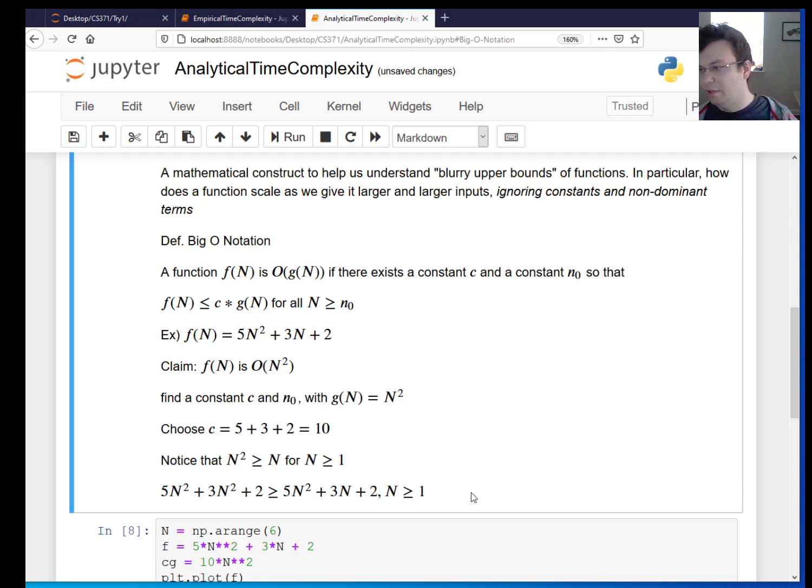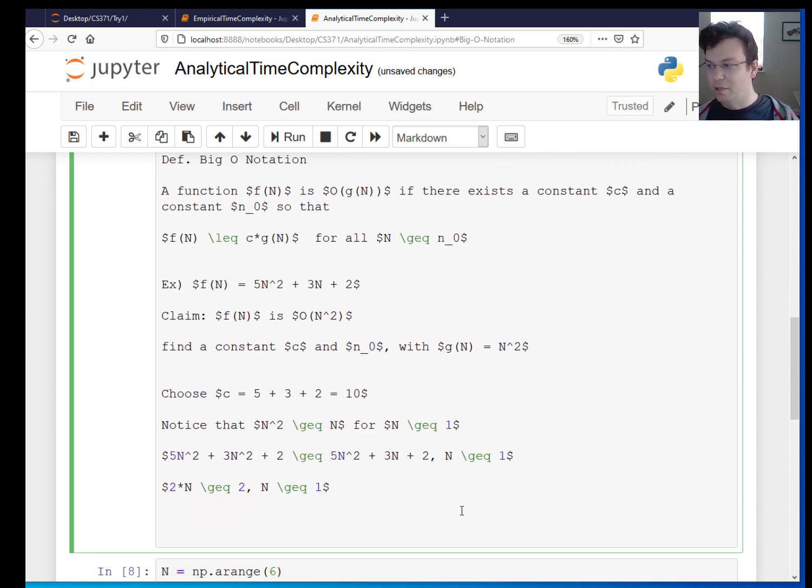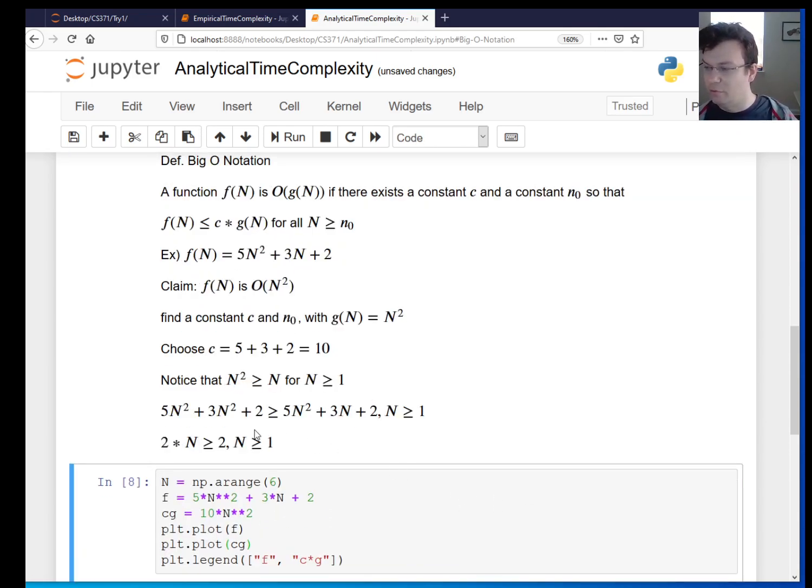But then I noticed that similarly, 2 times n is greater than or equal to 2 if n is greater than or equal to 1. And this sounds trivial, right? And this is often what happens in proofs. You write things down that by themselves are so simple, but it's having in your mind that, oh yeah, I needed to establish this fact to establish the whole thing.